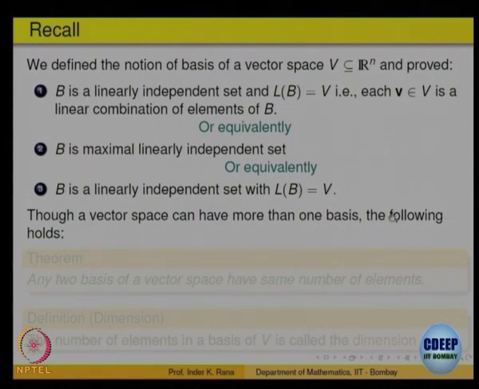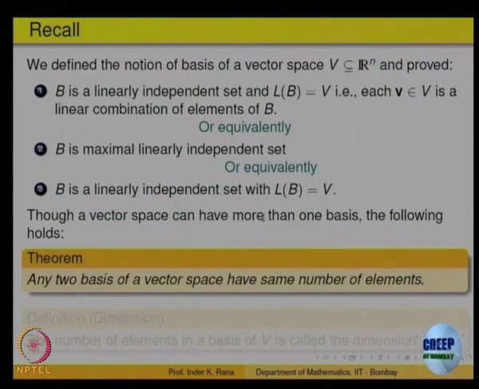So, you can replace the condition that it spans by the maximal property, and it is equivalent to saying it is a linearly independent set such that L B is the same as the earlier one, or it is a minimal set of generators, that is another property that we proved last time.